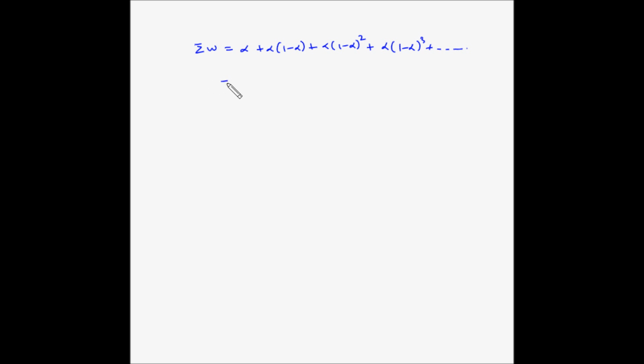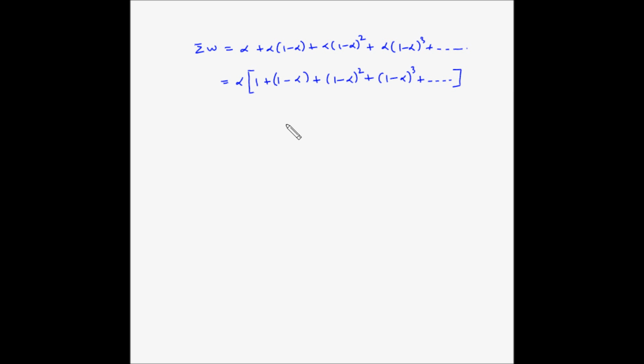Now this can also be written as alpha taken as common into bracket 1 plus (1 minus alpha) plus (1 minus alpha) square plus (1 minus alpha) cube, and so on.